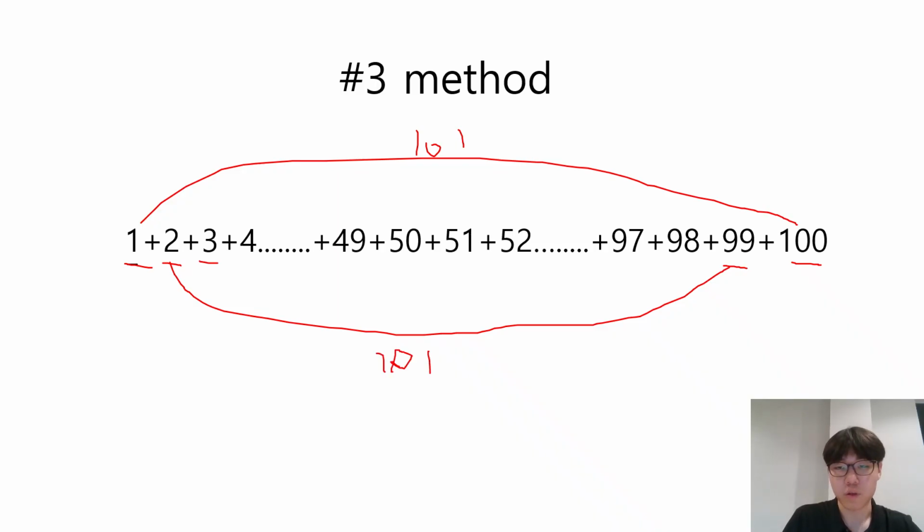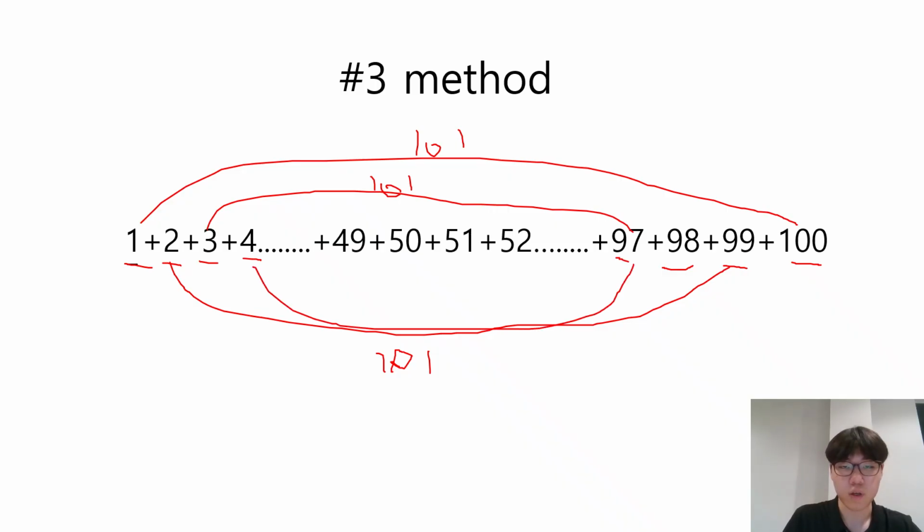The third as well is 101. Fourth as well. And it goes to 49 plus 52, which is also 101, and 50 plus 51, which is also 101. So all the pair values are 101.